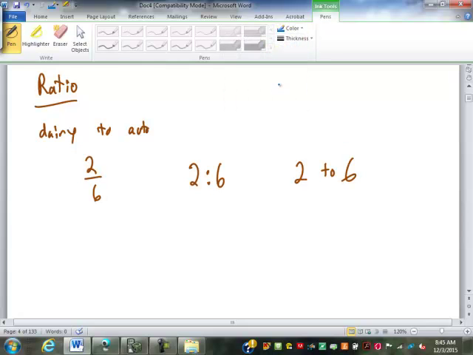No matter what form this is in, there are things I can do with it. Now I prefer the fraction form because what I can do with it is very similar to what I do with fractions. Both the 2 and the 6 can be divided by 2. So I can reduce this to a 1 to 3.